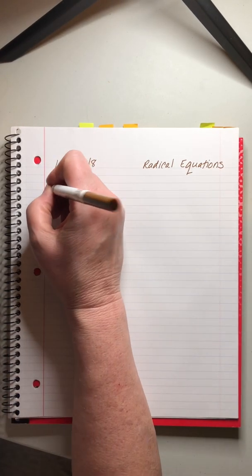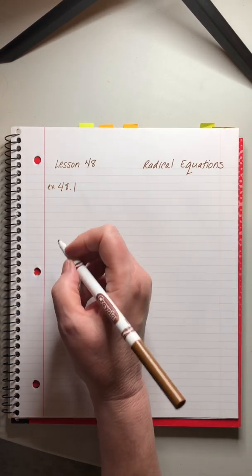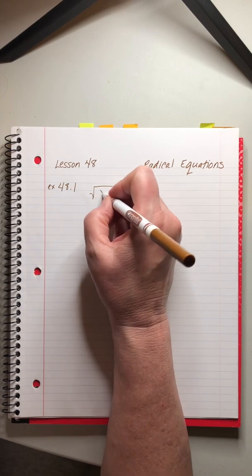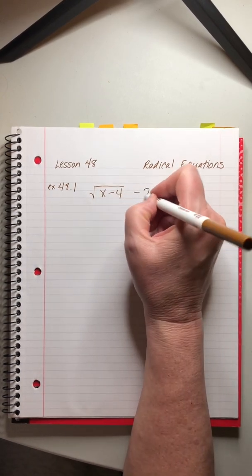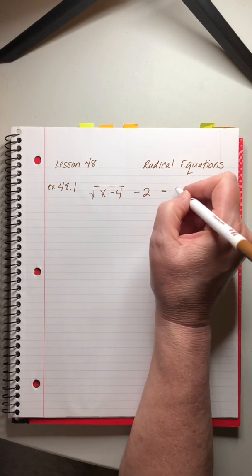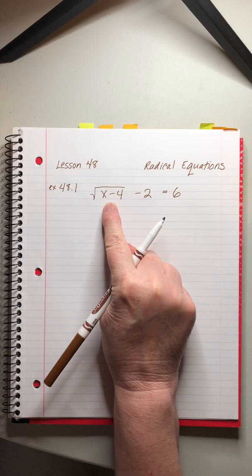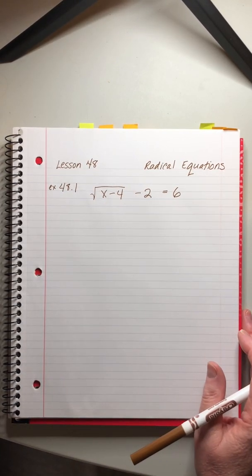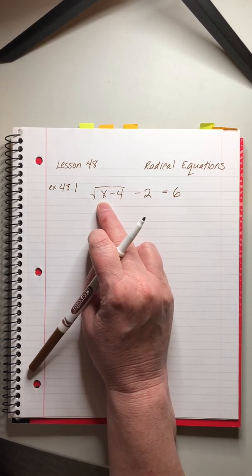Example 48.1. Solve. What in the world? We have variables inside of a pig house. And we have to solve for them, which means somehow we have to isolate that x, right? We have to get the x by itself.